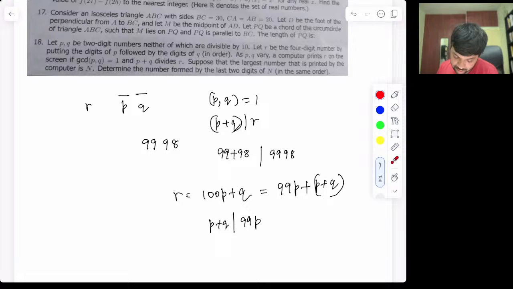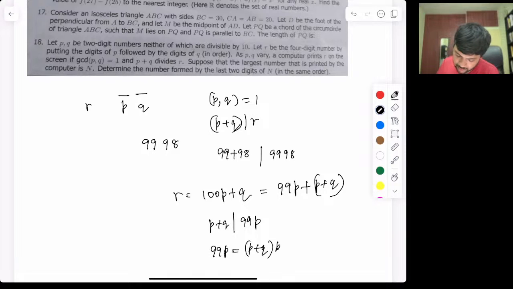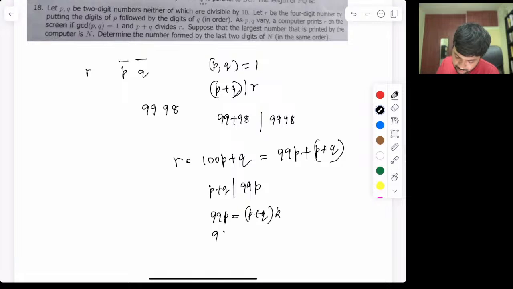So I want to use somehow this P common here. How do I use it? So 99P is (P plus Q) into K, right? Which means you can write this as 99P minus PK is QK. So P into (99 minus K) is Q into K.